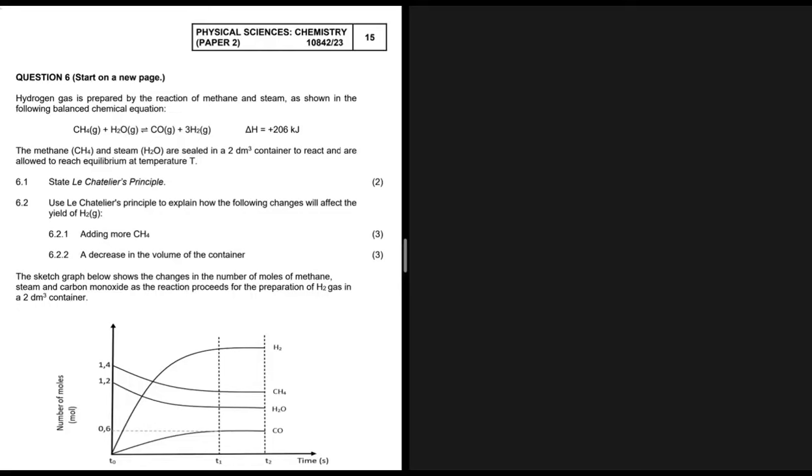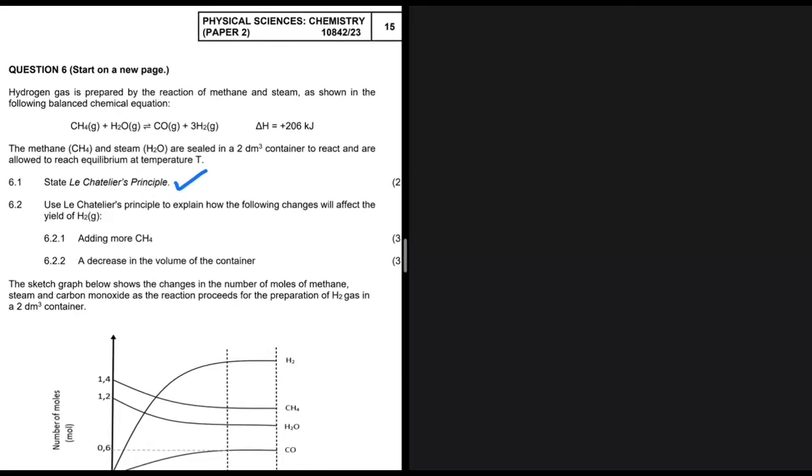When the equilibrium in a closed system is disturbed, the system will reinstate a new equilibrium by favoring the reaction that opposes the disturbance. That is 6.1, Le Chatelier's principle, and we're going to use that to answer 6.2. Hydrogen gas is prepared by the reaction of methane and steam, as shown in the following balanced equation.